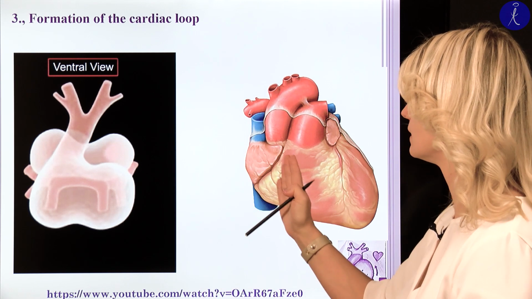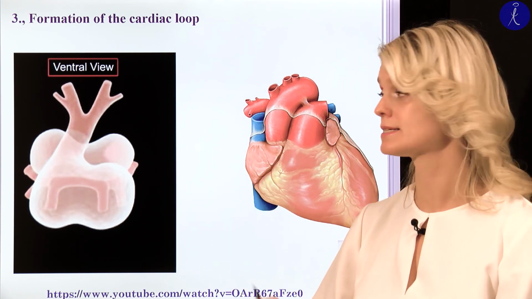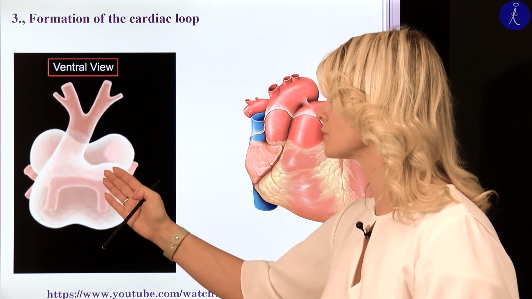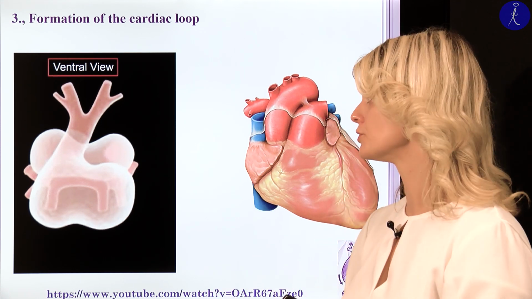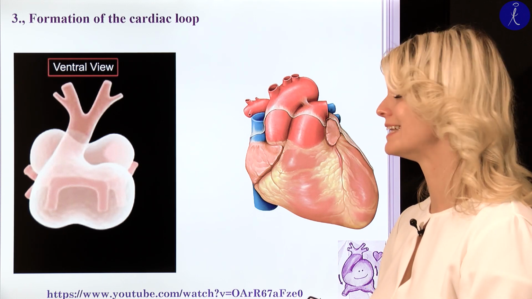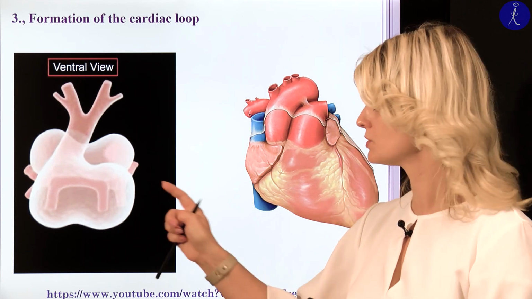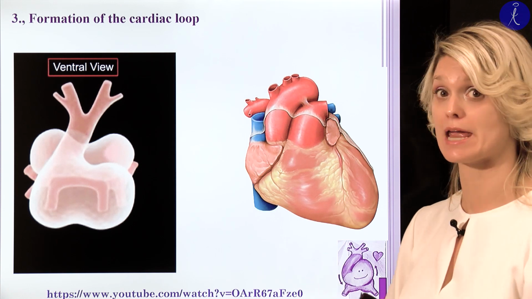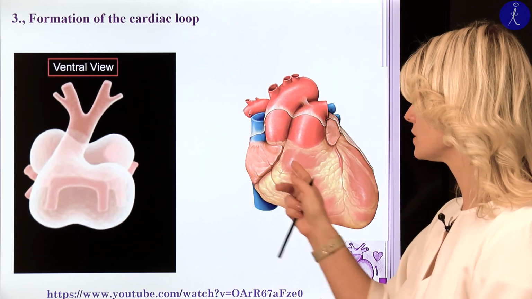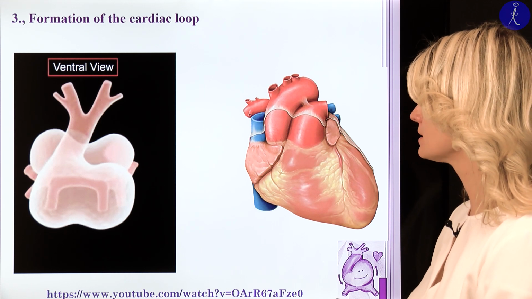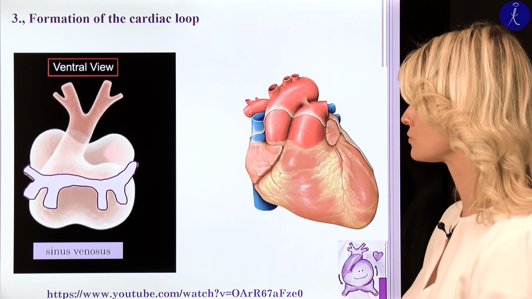And now let's compare this picture of the heart tube after the looping. Day 28 is so similar to the final shape of the heart. Which is which? I would like to compare it with you to show you the structures.